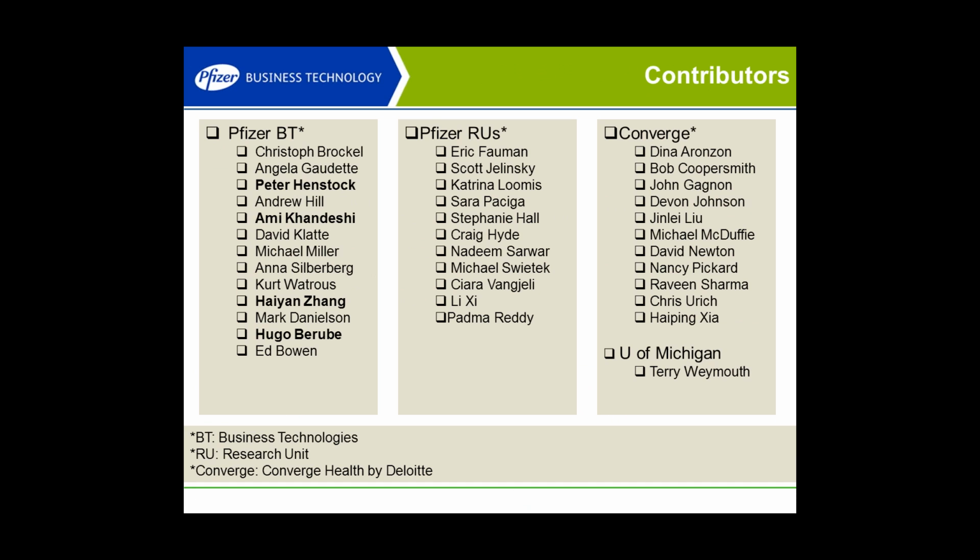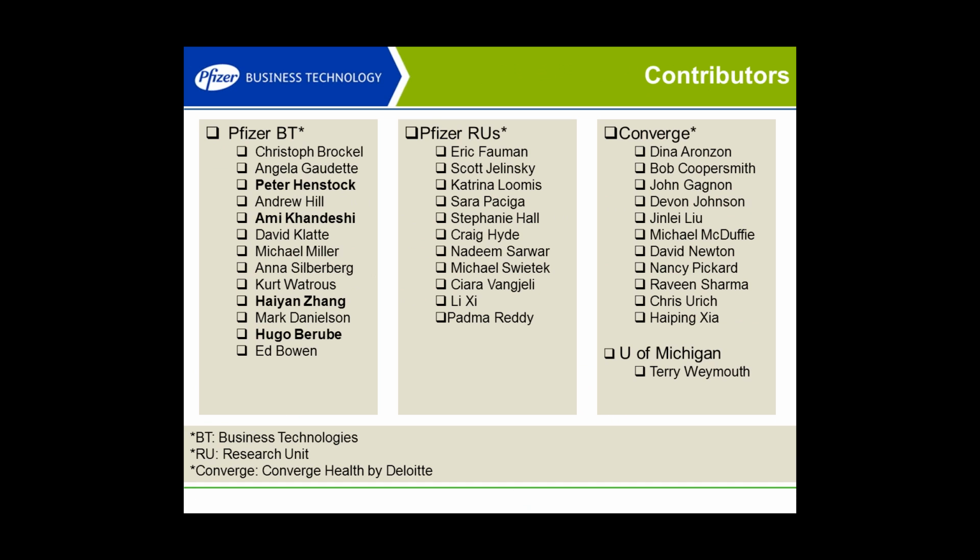There were a number of people who have been involved over the last couple of years, but I certainly want to give a standout to Converge Health, who did basically all of the programming for us. And on our business technology side, Peter Henstock was the person. He's actually a very, very good programmer, but a statistician by training, and he actually built the GWAPA tool that you'll see.